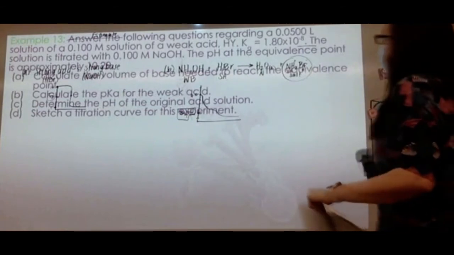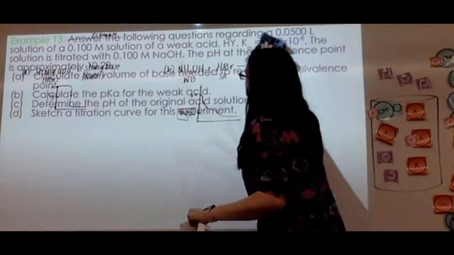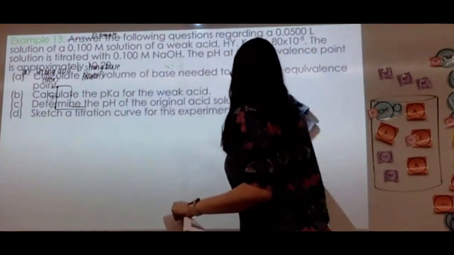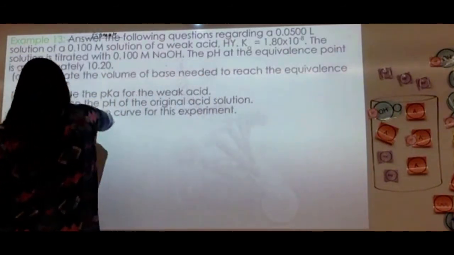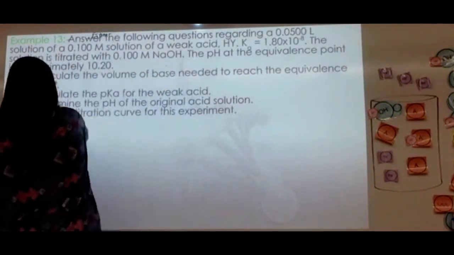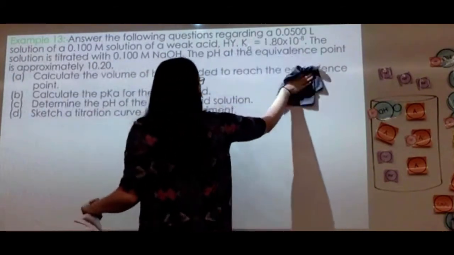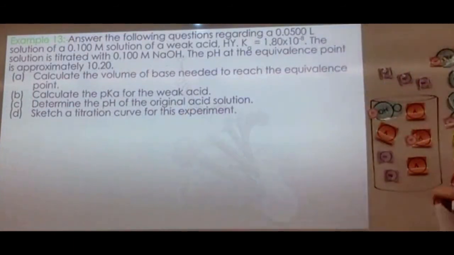If you read through this, it says answer the following questions regarding a 0.05 liter solution of a 0.1 molar weak acid. So we have the concentration and the volume of a weak acid. They also gave us the Ka value. On a test or a quiz, I told you that they will always give you the Ka value. They'll give you the values that you need.